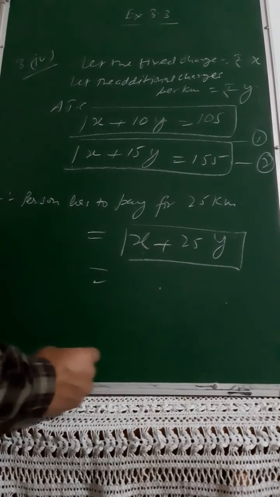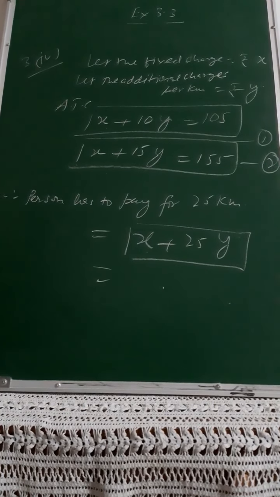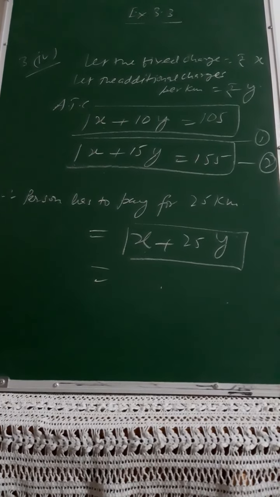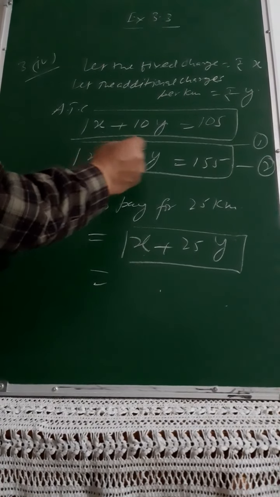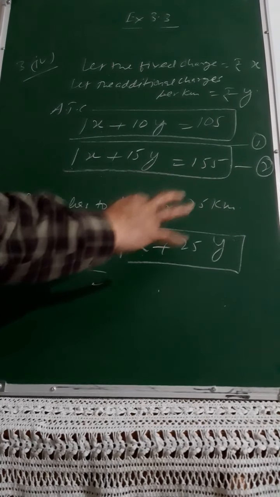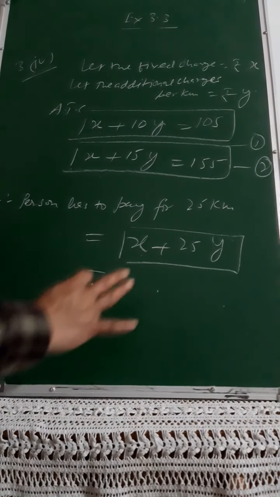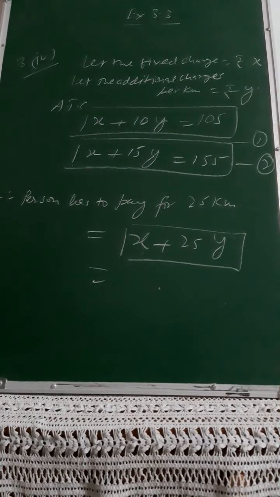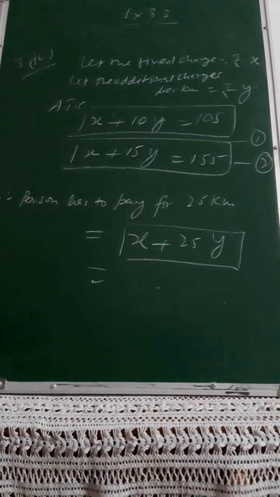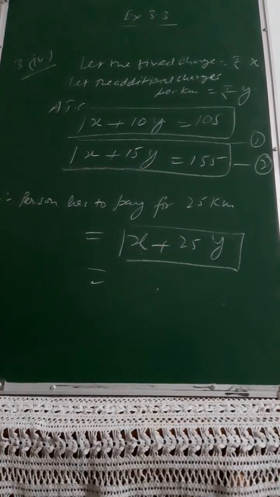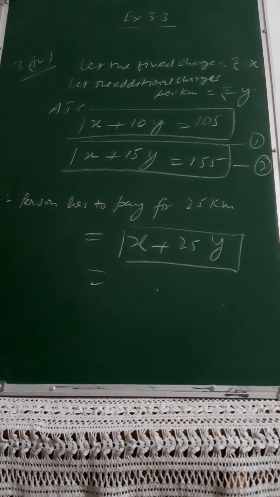That will be the amount the person has to pay for a distance of 25 kilometers. But from these two equations you need to calculate the values of X and Y. Comfortably you can calculate and finally substitute the values of X and Y in this equation, because that is the part of your question: what amount was paid for a distance of 25 kilometers? So in that way I hope you will be able to get the answer for this.